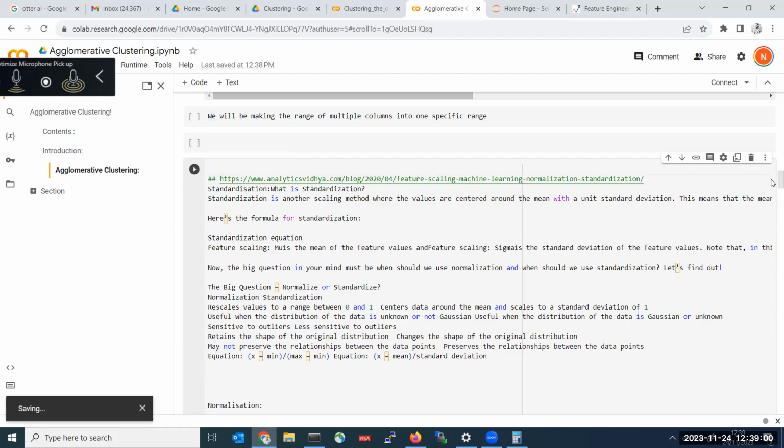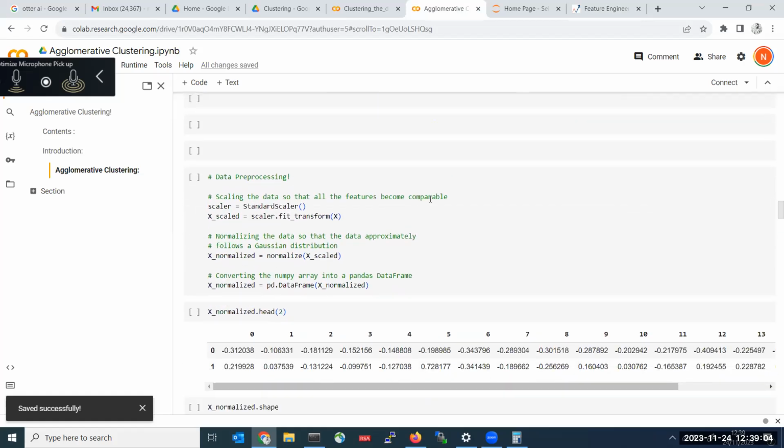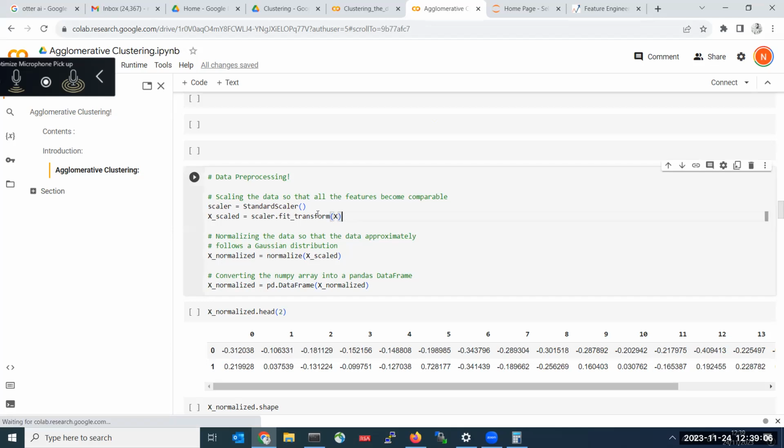First, I did standardization. Again, I did normalization. If I want to go ahead with only standard scaler, I can. Again I did normalization. So I can do anything.